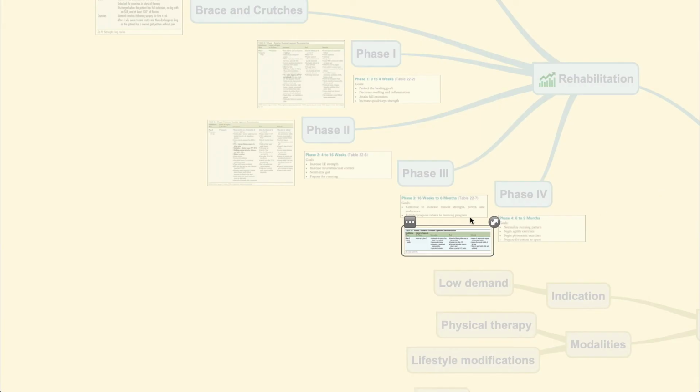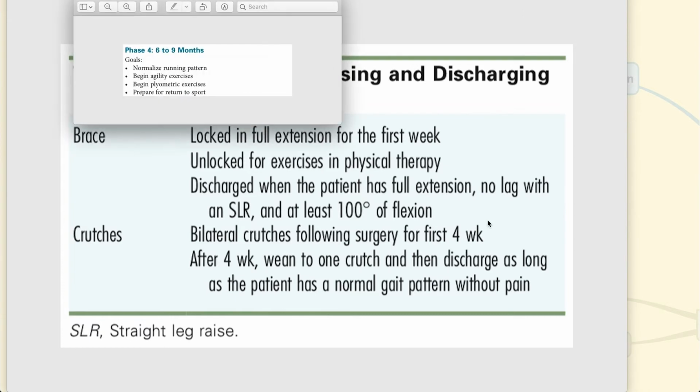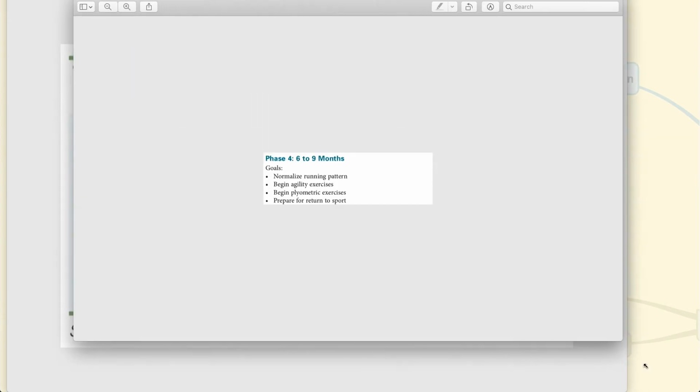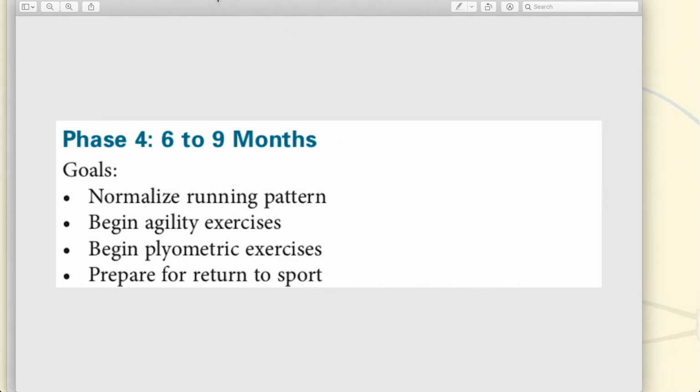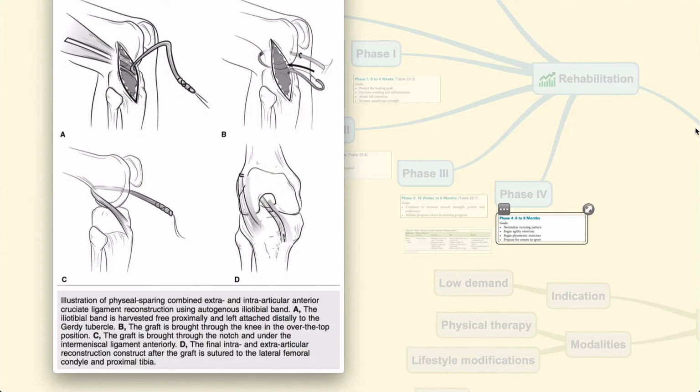And during the end phase of the rehab, usually up to 6 to 9 months, the patient usually has normalized running patterns. Agility exercise may be started and the plyometric exercise too. And usually during this period of time, 6 to 9 months, the athletes or the young patients are prepared to return to their sport, always under supervision.